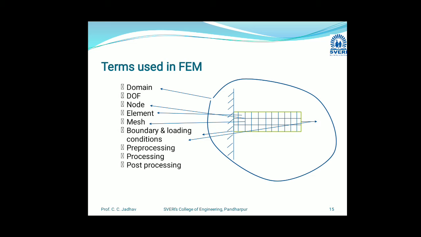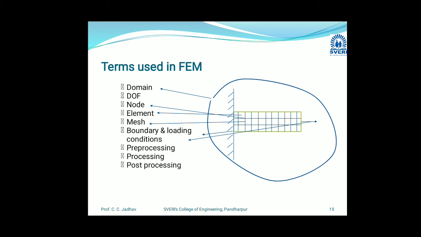Before starting any analysis, we require some parameters, which apply boundary conditions on the structure. Suppose it is a one-side fixed structure: we need to fix the structure at one side and apply some forces or conditions on the other side. This is called boundary and loading conditions.